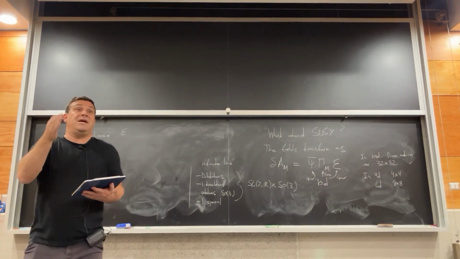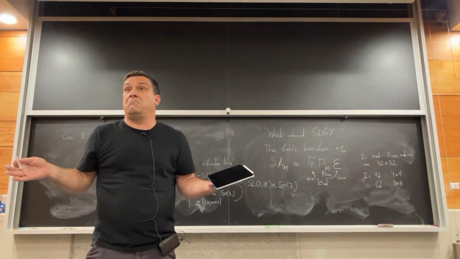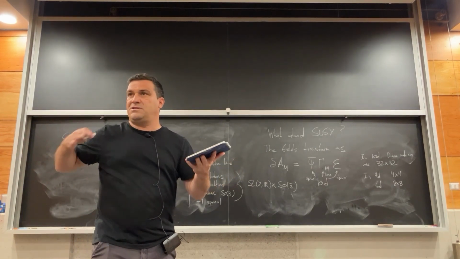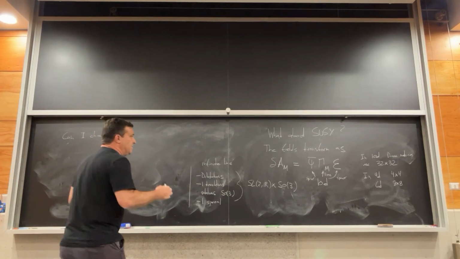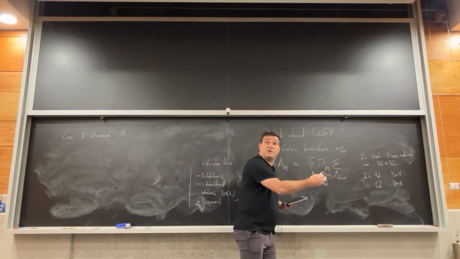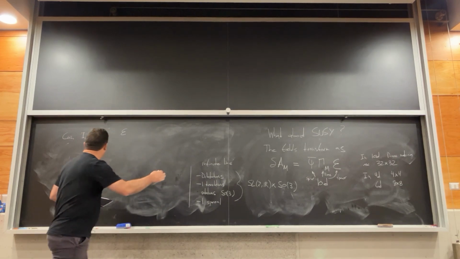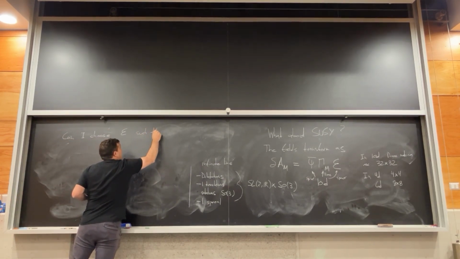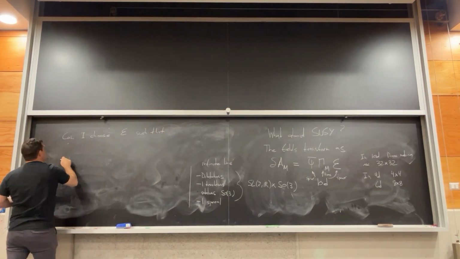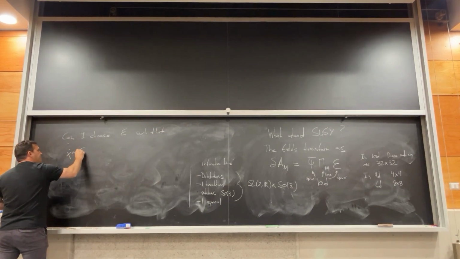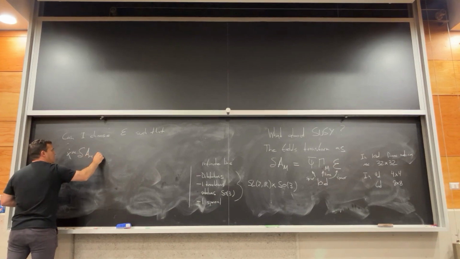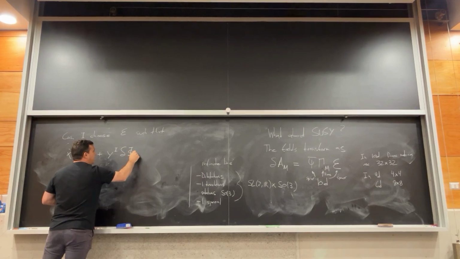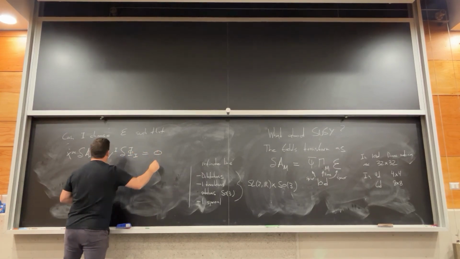In bosonic symmetries like SO(3), these are the three Euler angles, let's say, or the rapidity of the boost in a Lorentz transformation. In supersymmetry, the transformation parameters are fermionic, so they're spinors. So can I choose epsilon such that x dot mu delta A_mu plus y_I delta phi_I is 0?